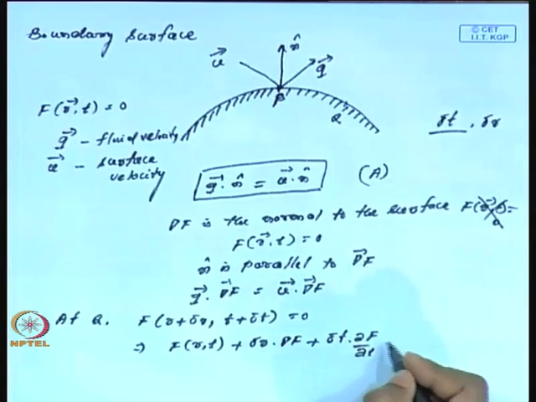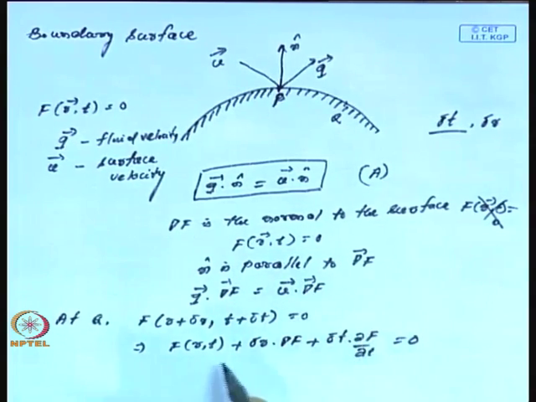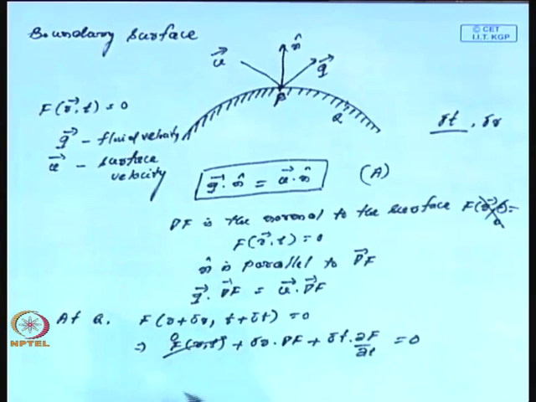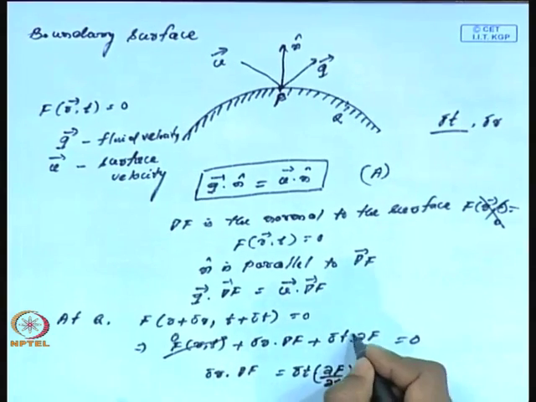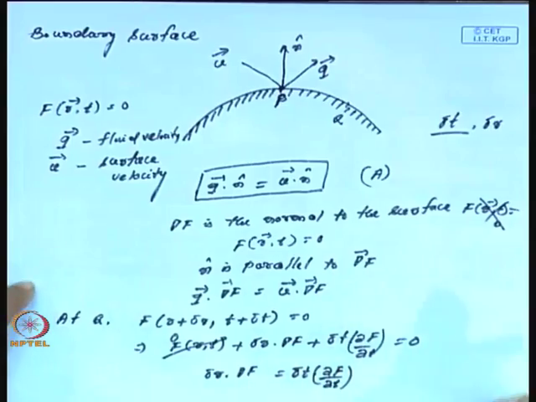This is not a cross or dot product, it is multiplication. And already we have f of r, t is 0, so that term will give us 0. So, we have del r dot grad f is minus del t into del f by del t.